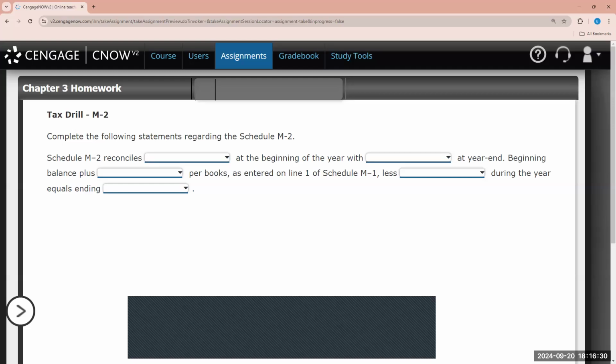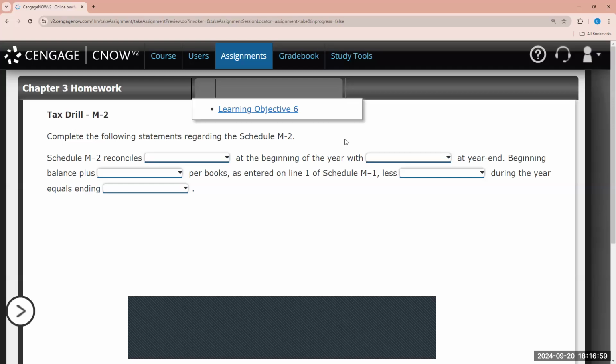So the main purpose is because if it's a really small corporation, it would be inundating to require a small corporation to report these forms. So that's why they essentially have these thresholds. So if the corporation has less than 250,000 of gross receipts and less than 250,000 in assets, they don't need to complete Schedule L, M1, or M2 of Form 1120.